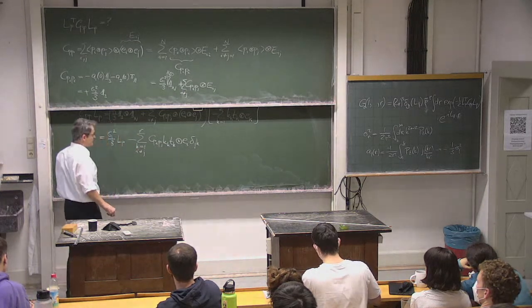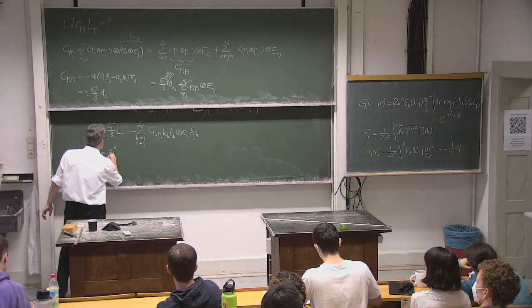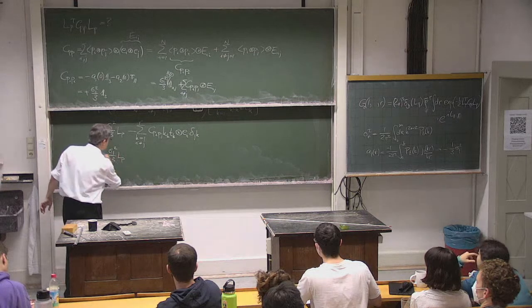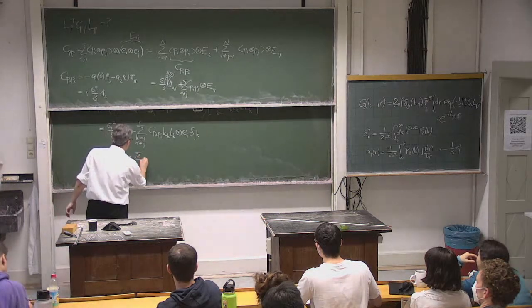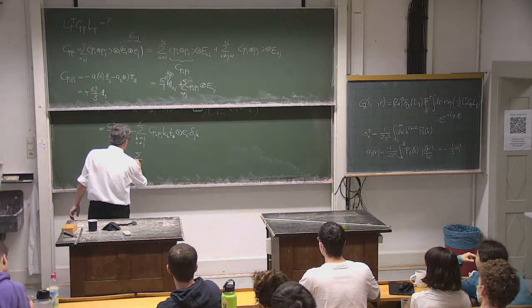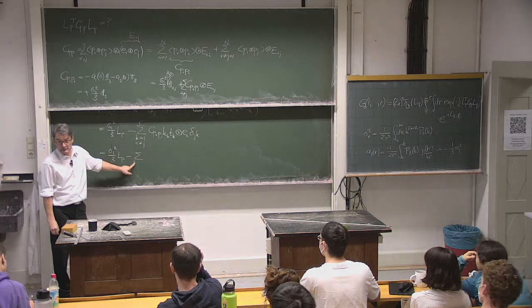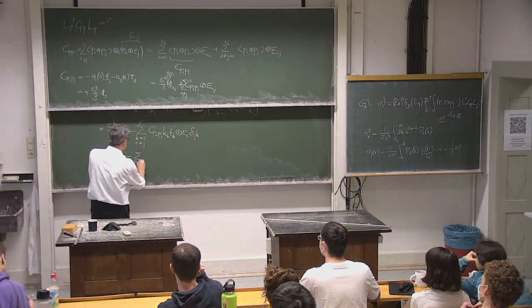Let me write this down in the following way. This is going to be sigma 1 squared over 3 times L_P minus now the sum still over all particles I equals 1 to n.